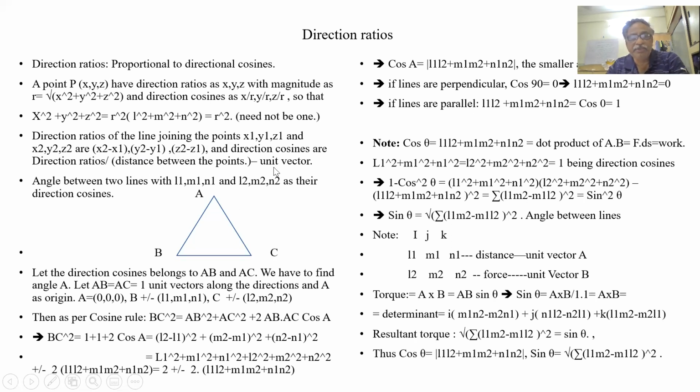So there is a difference between the unit vector and the direction ratio. It is nothing but r square l square. x is rl, y is rm, z is rn. It need not be 1. r can be anything, distance can be anything, but l square plus m square plus n square is 1.